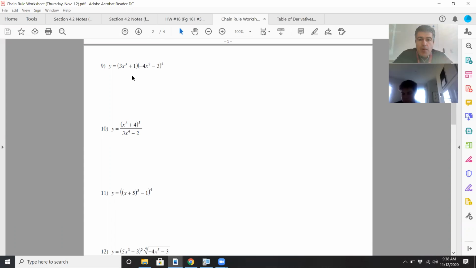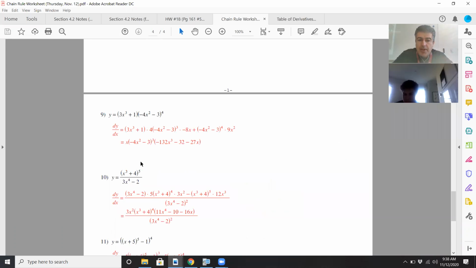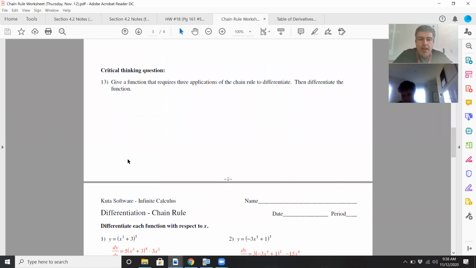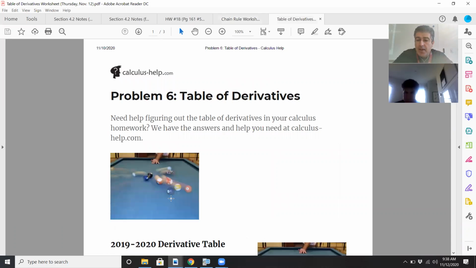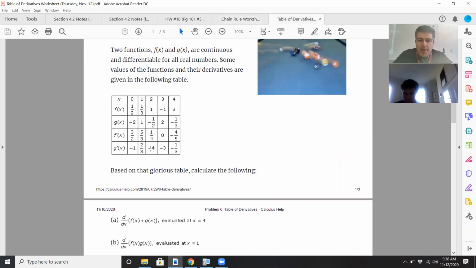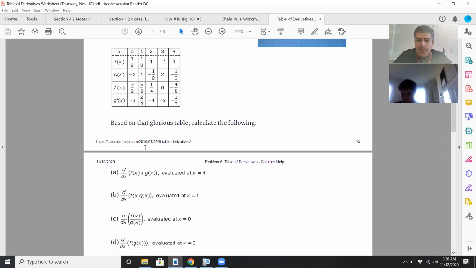The answer is shown down here, and they actually show the steps. Then try number 10 after that. Then I would go to the table derivatives, the other worksheet. You have a table here. I would probably do A just to make sure you're comfortable using the table, and then do D.